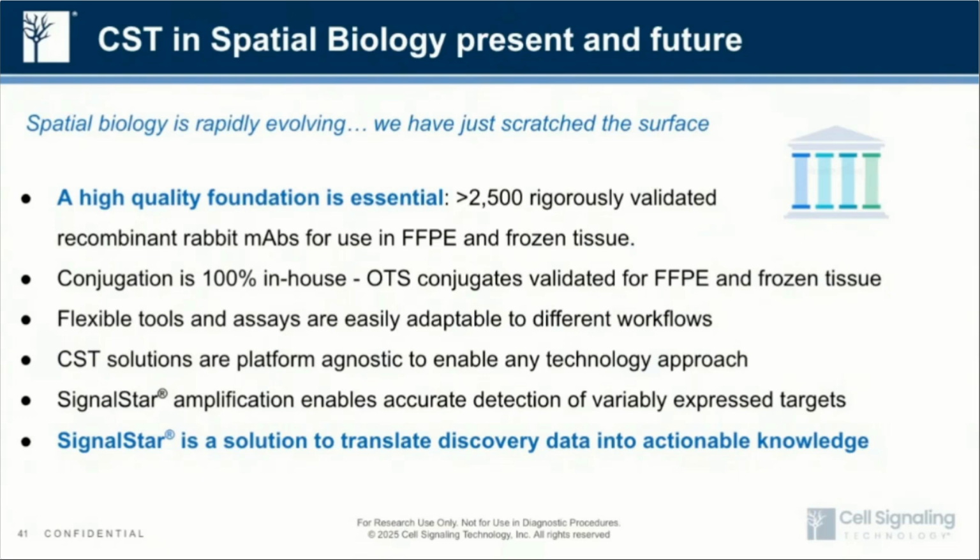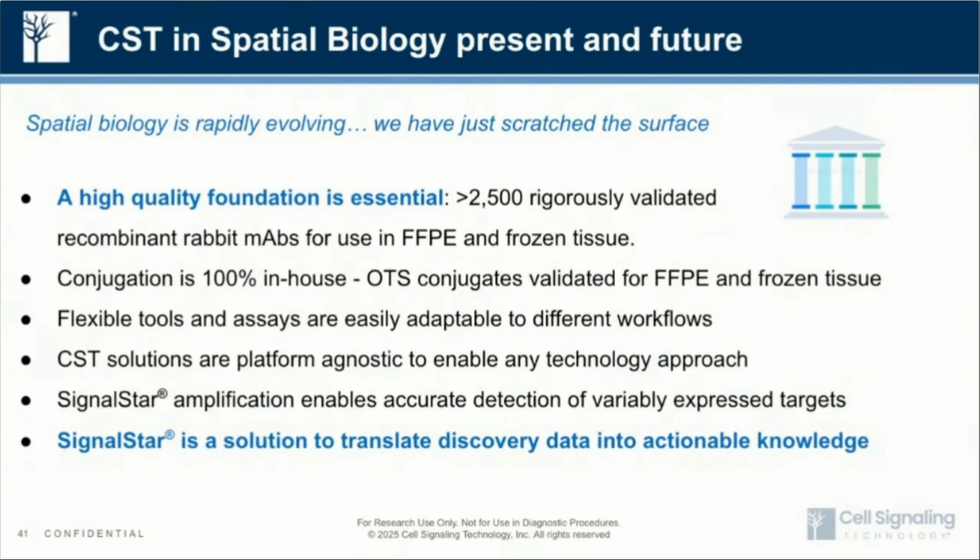We have flexible tools and assays that are easily adaptable for different workflows and agnostic to the platform, whether you are using the Bio-Techne Spatial, a Comet, the Akoya PhenoCycler, or just your benchtop with a fluorescent microscope. We have a solution in a format compatible with that technology.